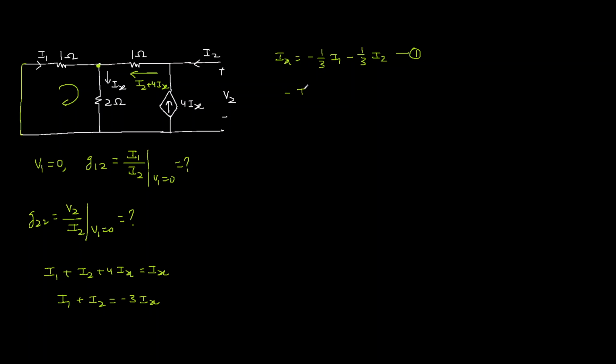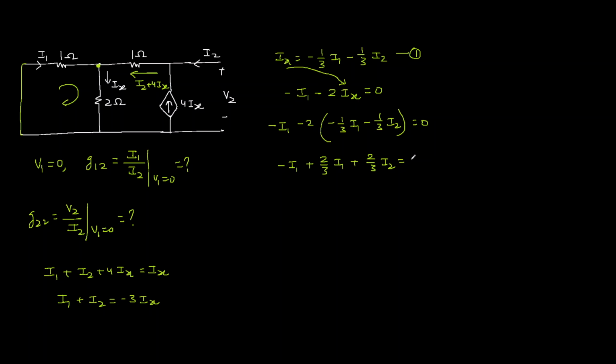Now apply KVL in this loop. This will give minus I1, drop across the 1 ohm resistance, and then drop across the 2 ohm resistance, which is 2Ix. Now replace Ix from equation 1 in this equation: minus I1 minus 2 into minus 1 by 3 I1 minus 1 by 3 I2 equal to 0. So minus I1 plus 2 by 3 I1 plus 2 by 3 I2.